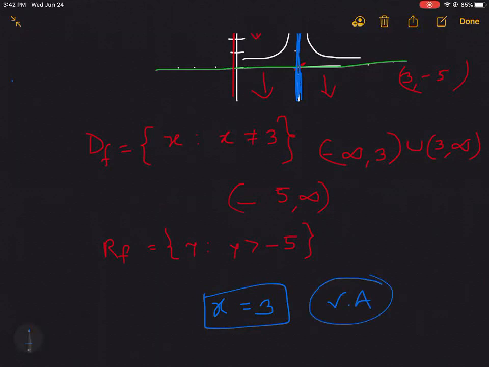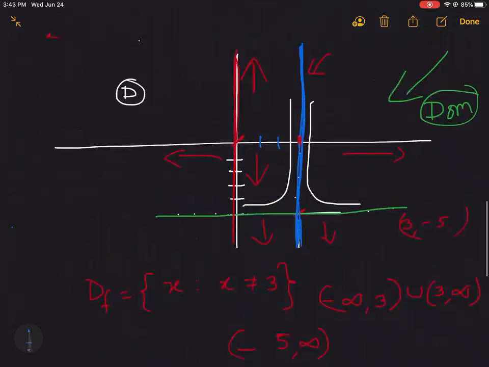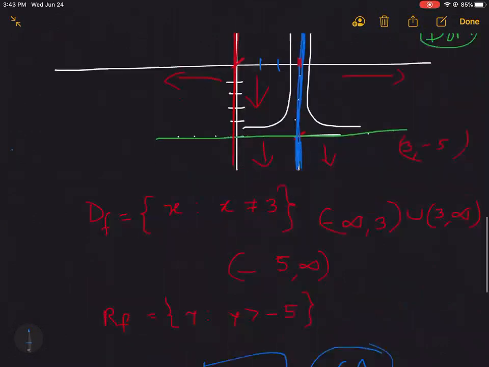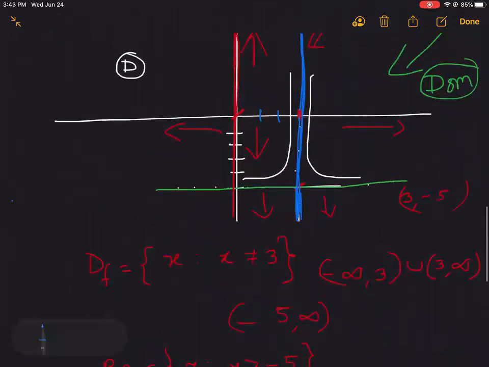Okay, next is the horizontal asymptote. Again, as we have seen or rather calculated the range, we can see this graph is never really going beyond this. It has restricted itself to this line.